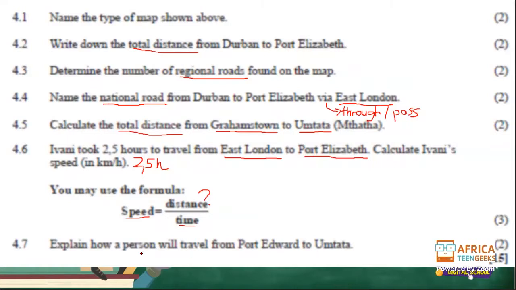Now, next question. Explain how a person will travel from Port Edward to Mthatha. Port Edward to Mthatha, right? How will this person be traveling?